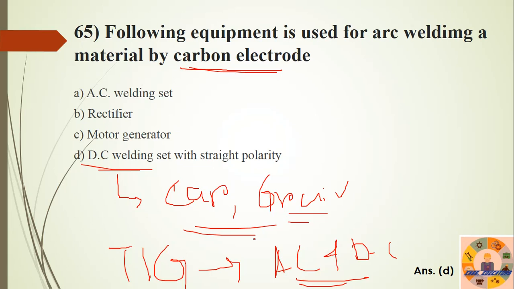So the right option for this question is option D, DC welding set with straight polarity. That means the electrode is negative, or we also call it DCEN or DCSP. In this welding operation, straight polarity, the depth of penetration will be higher.